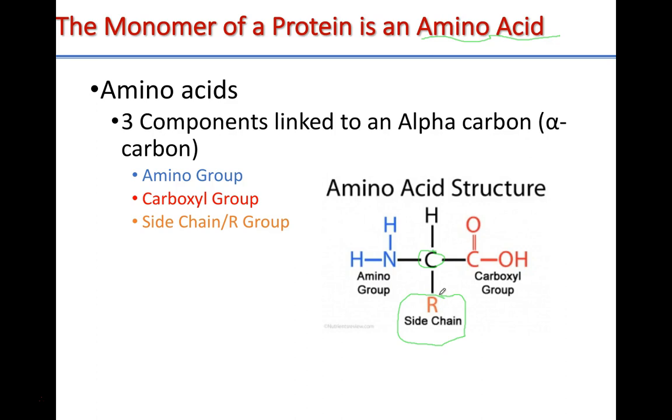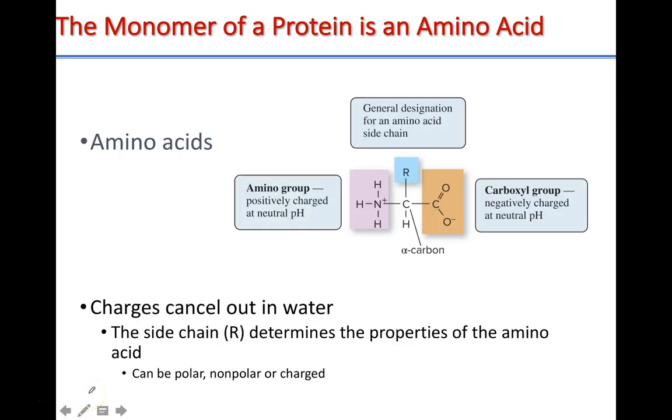The really critical component of an amino acid is this R chain. This is where you have some variability. Every single amino acid is going to have amino groups and carboxyl groups. You don't have to memorize what they look like, just be familiar that amino acids are made up of these things, but it's that R group that's going to allow it to function differently.